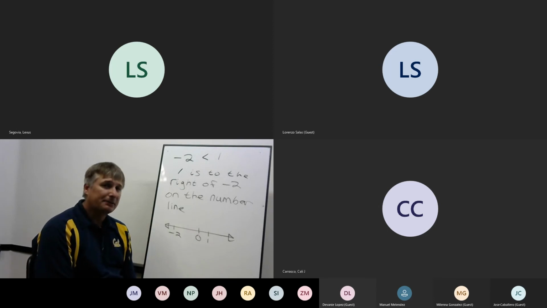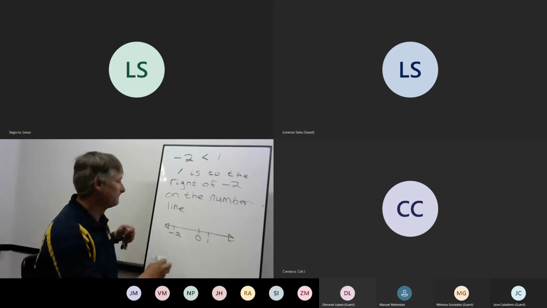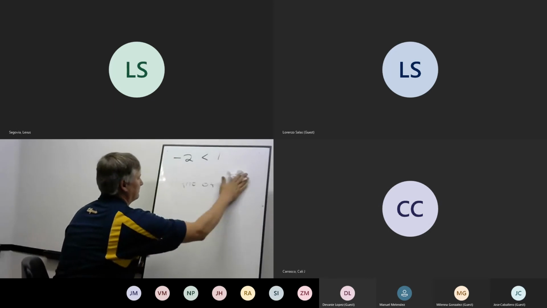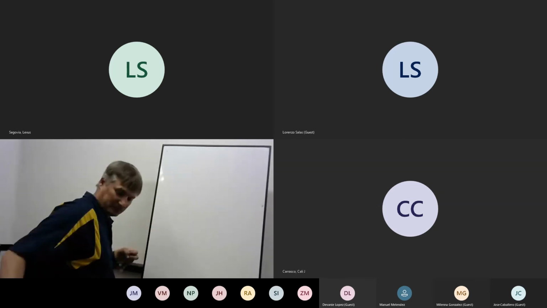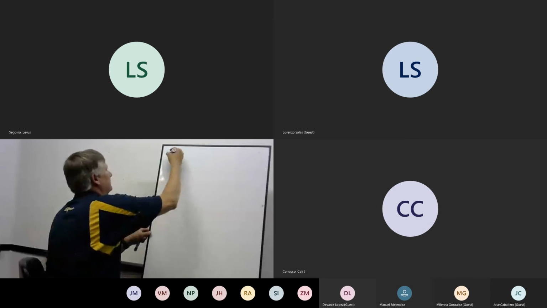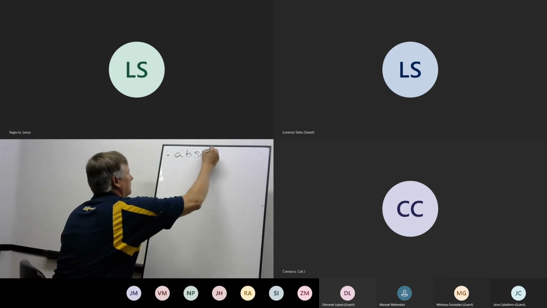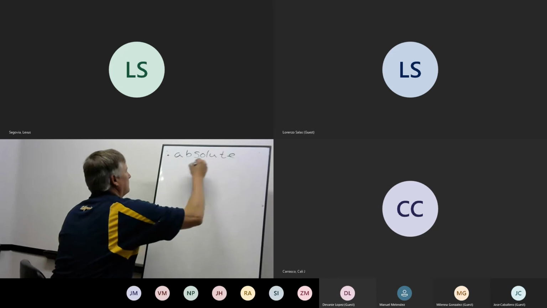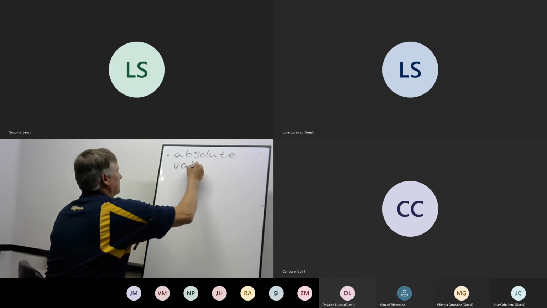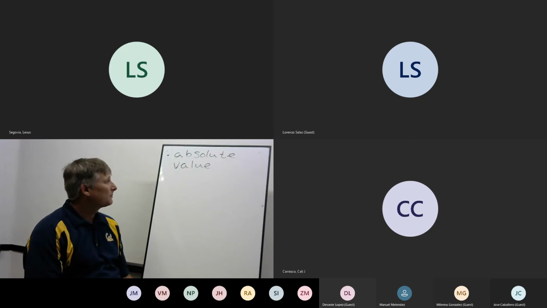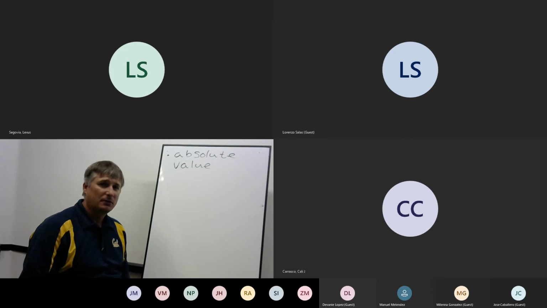Now, what about distances? There's another thing that tells us about distances, and that's called absolute value. So what absolute value is, it's the distance from 0.